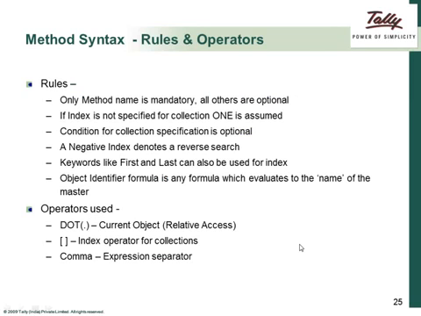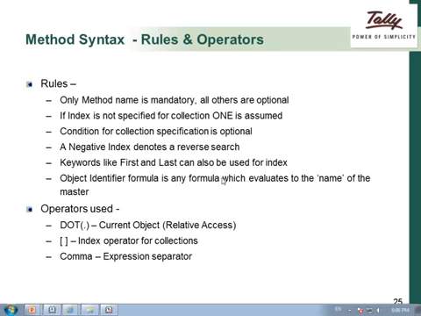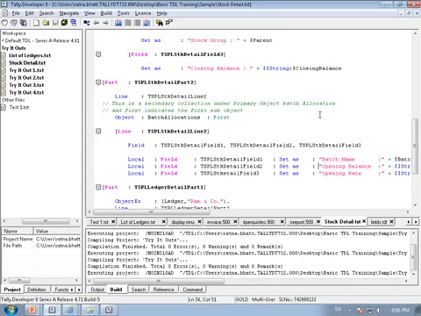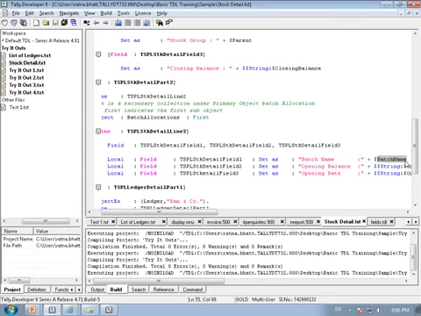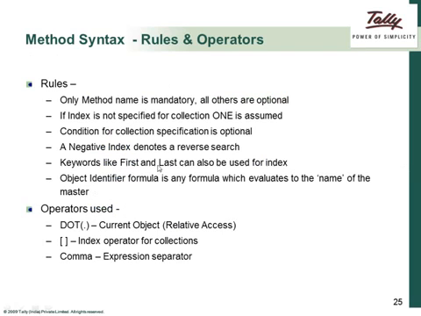These are some set of, I wouldn't call them rules, but these are some set of syntaxes that we have for method formula syntax. Only the method names are mandatory, something that we have specified in our code. The dollar sign is mandatory. Rest everything is dependent upon the utility that you have.